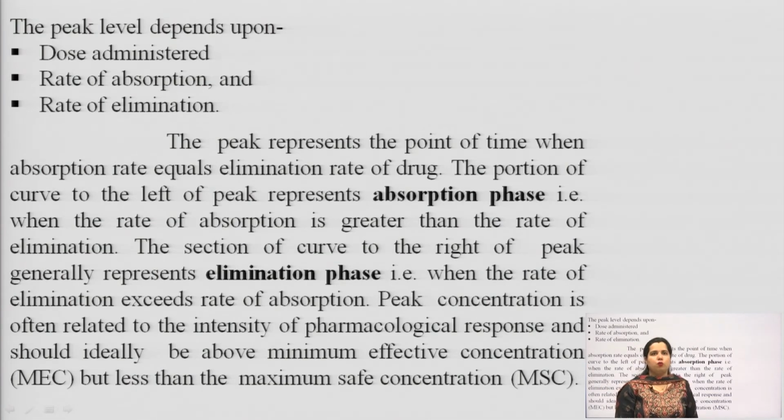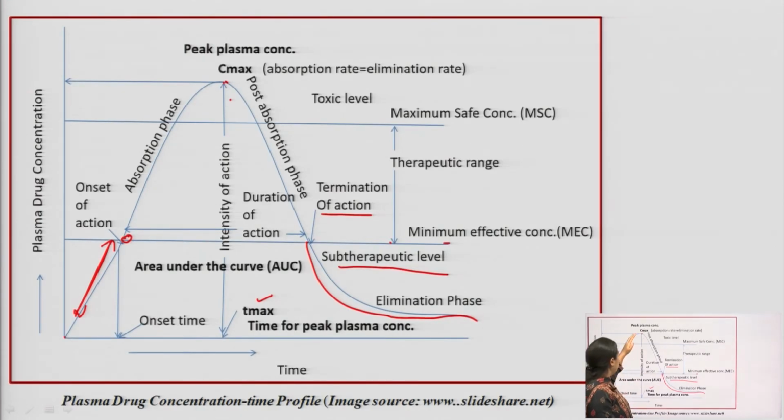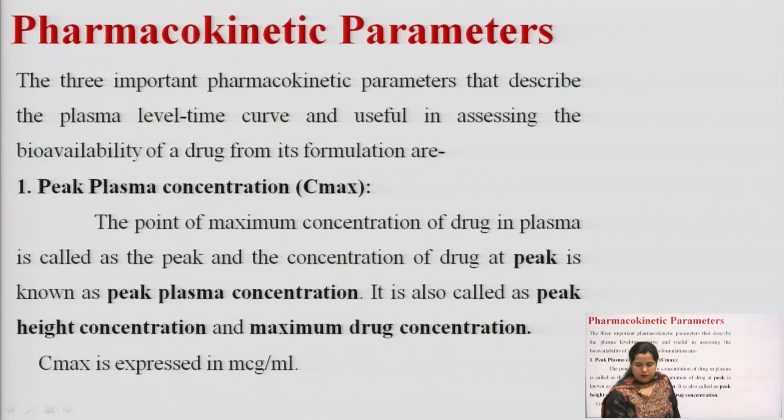The portion of the curve to the left of the peak represents the absorption phase, that is when the rate of absorption is greater than the rate of elimination. So, in this part of the curve, the rate of absorption will be high as compared to the rate of elimination of the drug. That means the drug will not be eliminated that much, but the absorption is higher.